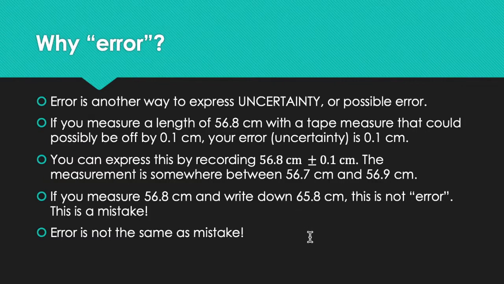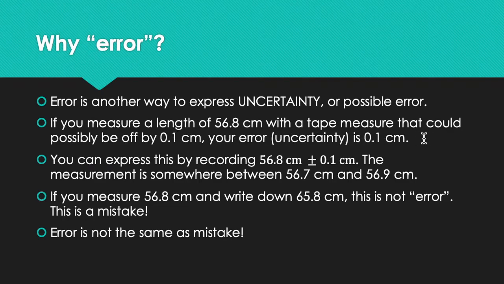I also wanted to take a look at the word error. So we've looked at relative and absolute and what those meant. Relative error versus absolute error. The word error in this way, used in science experiments and measurements, is synonymous with the word uncertainty, which is a possible error. If you are uncertain to within 1 centimeter, then you have a possible error of 1 centimeter. For example, here we have a length of 56.8 centimeters, and your tape measure, the way the lines are, you can read it to the closest 0.1 centimeter.